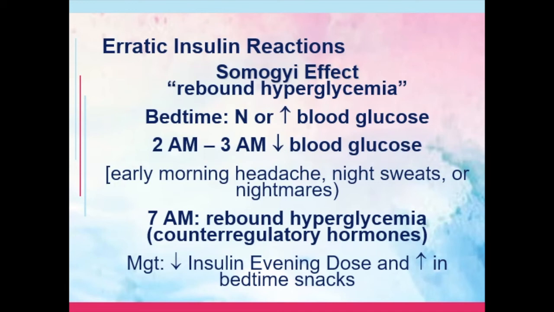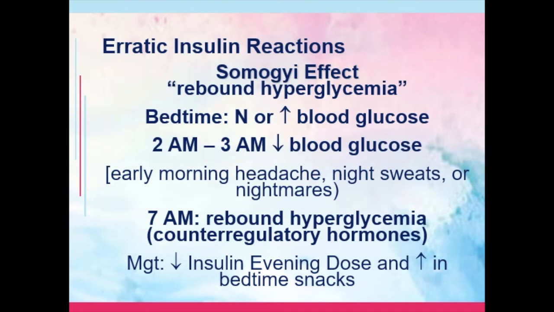Because if you look at it, class, our concern is that at 2 a.m. to 3 a.m., there was an episode of hypoglycemia that later on at 7 a.m. led to hyperglycemia because of negative feedback and counter-regulatory hormones. So, for us to prevent the occurrence of early morning hypoglycemia, we would decrease the evening dose of the insulin. Okay, take note, evening dose of insulin.